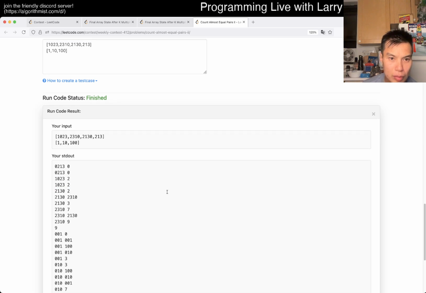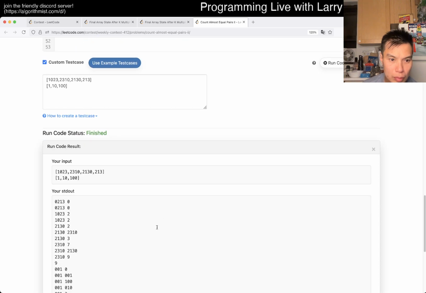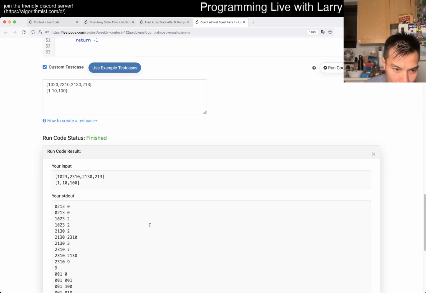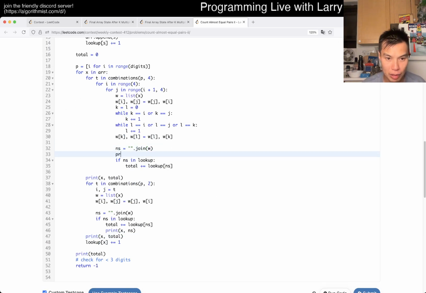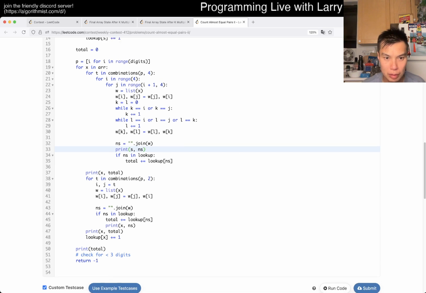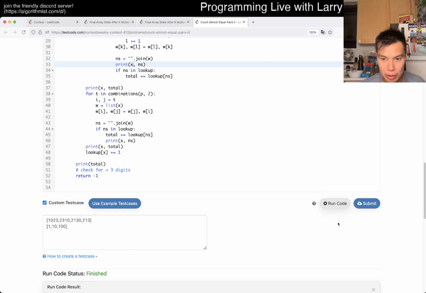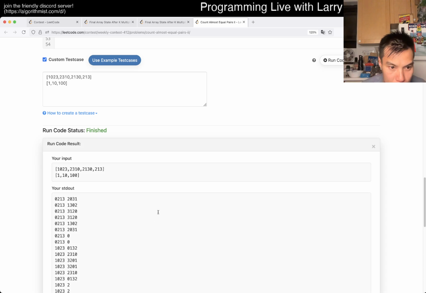So this is the double swap, right? Maybe this is wrong. I hope this is wrong. Only because otherwise. 0231, okay. This is probably right.